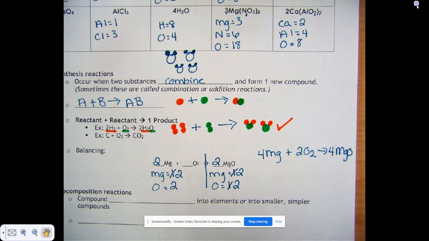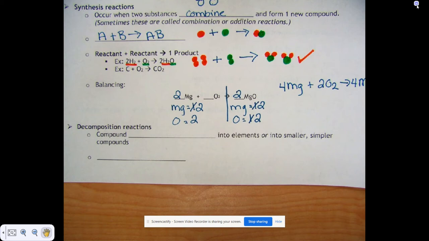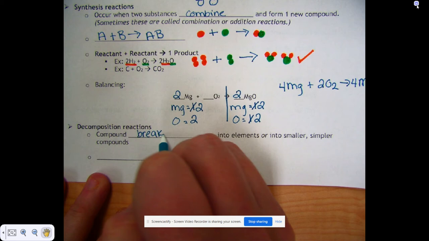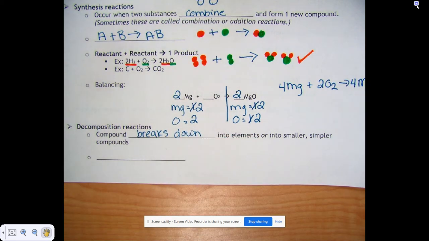Okay, and so what we're going to do is continue balancing as we go, but we're going to learn about the different types of reaction. So our next reaction is called a decomposition reaction. And in a decomposition reaction, one compound breaks down into elements or smaller, simpler compounds.